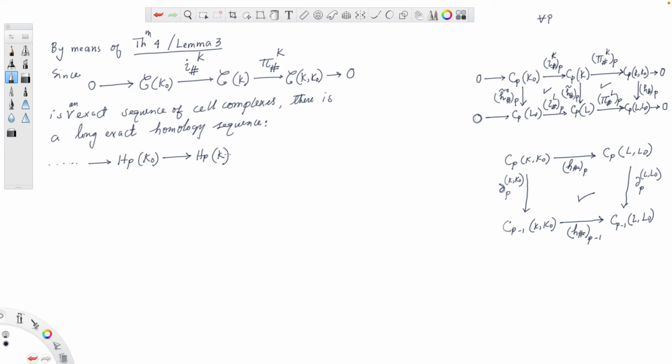So we take a special case of the zigzag lemma when we prove theorem 4 of lecture 4, right? So take that special case corresponding to the pair K comma K0, and then we have this long exact homology sequence.